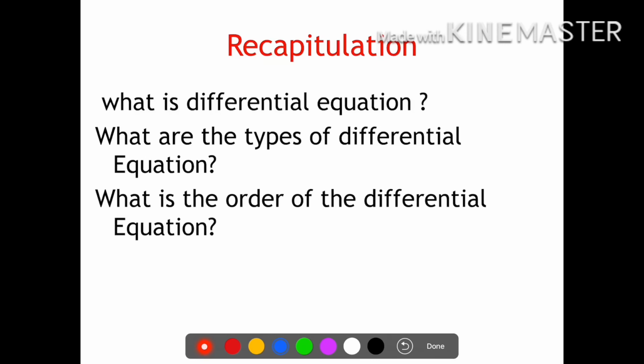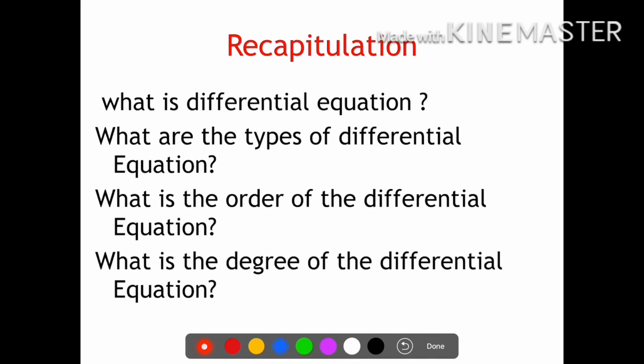We also know the order of the differential equation. The order of a differential equation is the order of the highest order derivative present in the equation. We are searching for the term which is differentiated the most number of times, and how many times it is differentiated will be the order of the differential equation. Also, we know about the degree of the differential equation.